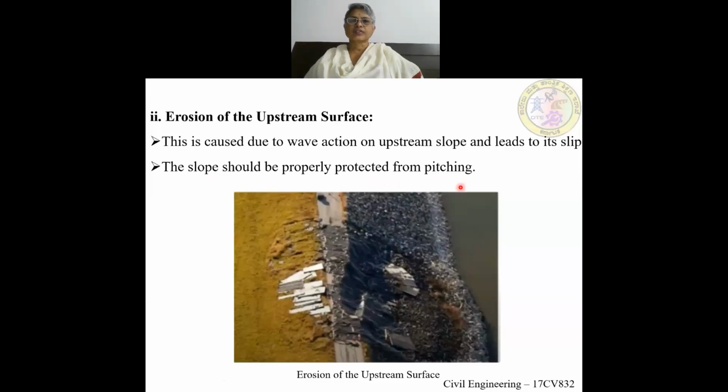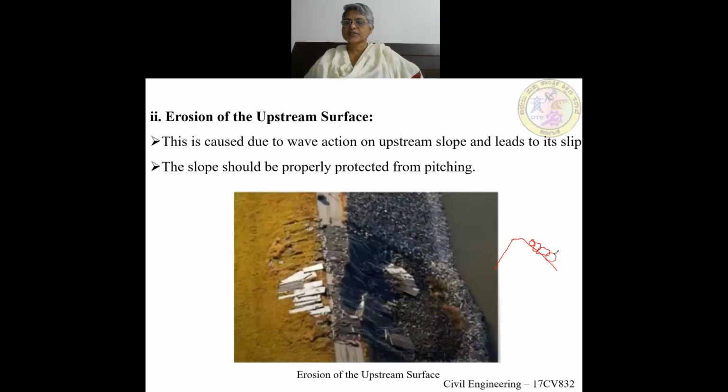If this is the top surface, the upstream side of the dam, the dam will be like this. Here pitching should be provided with broken stones. The upstream surface should be protected properly.